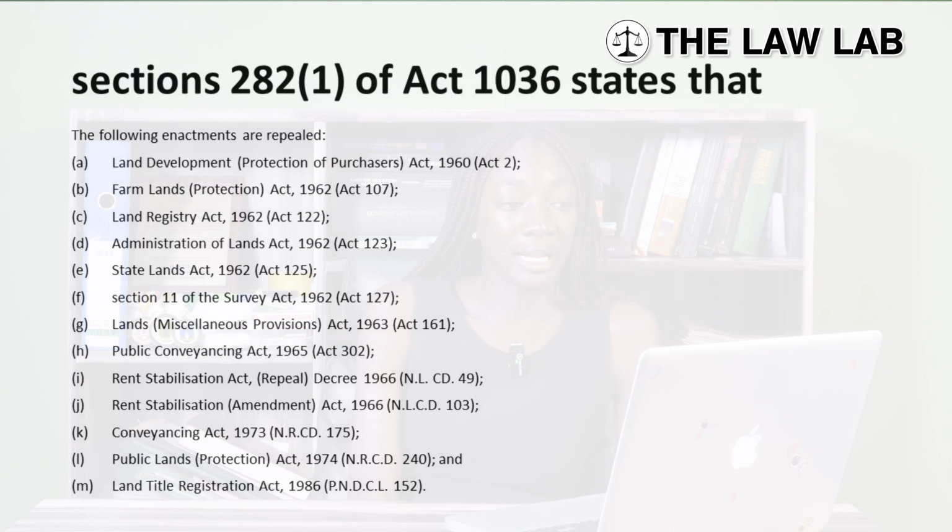So you need to understand that these enactments have now been repealed with the passage of Act 1036. With that being said, it is important for us to now delve into the changes that have been introduced with the passage of the new Act.